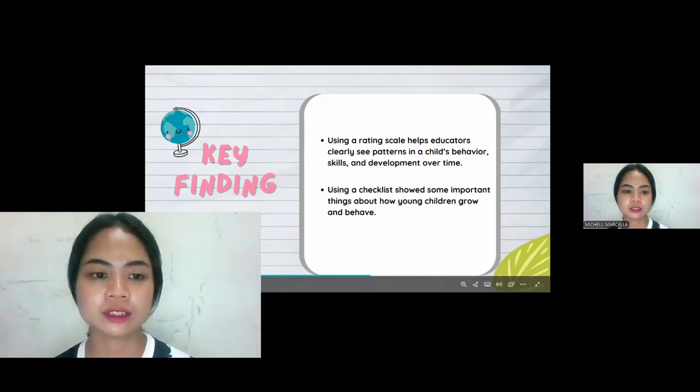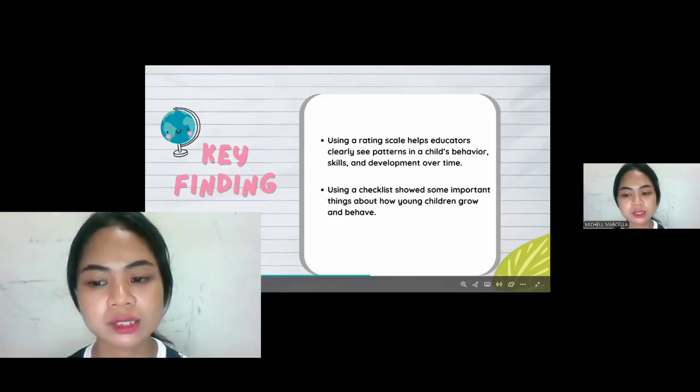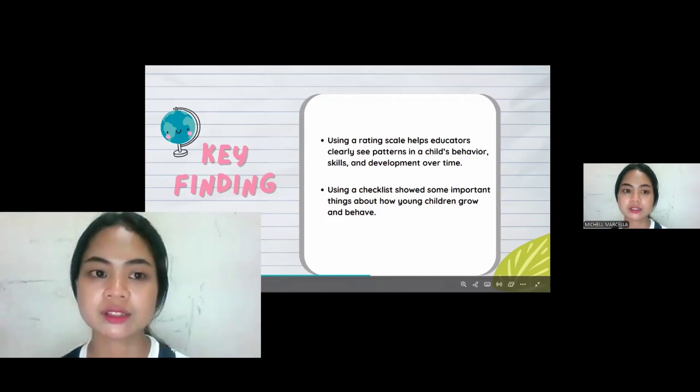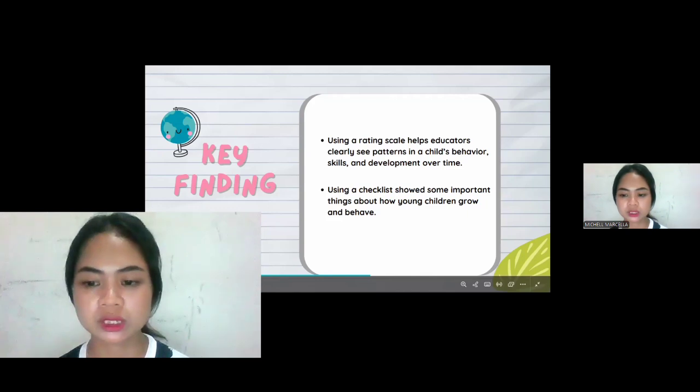Okay, the key finding I have is that using a rating scale helps educators clearly see patterns in a child's behavior, skill, and development over time. And then using a checklist shows some important things about how children grow and behave.